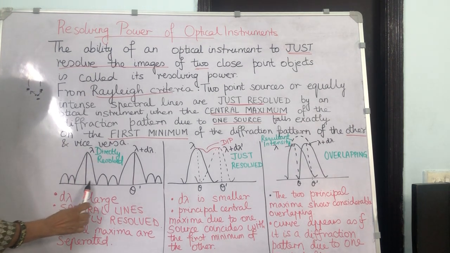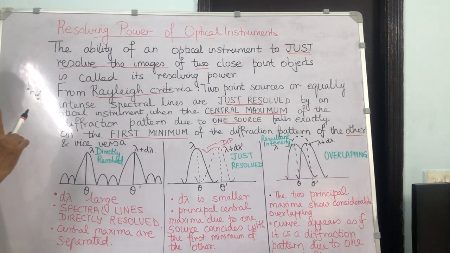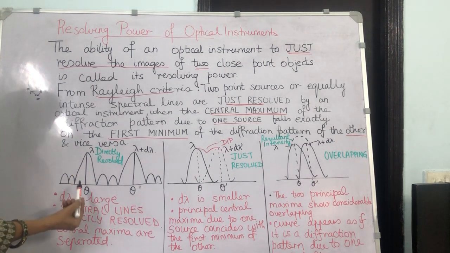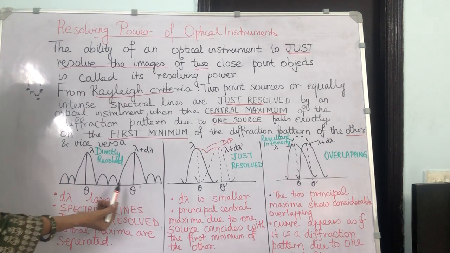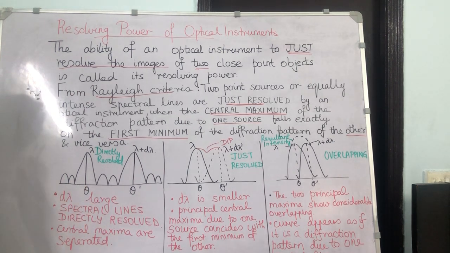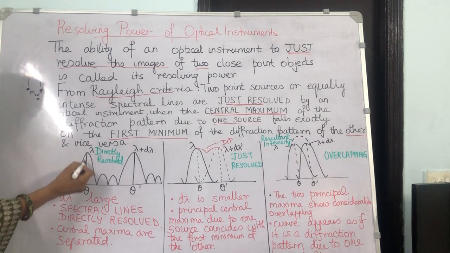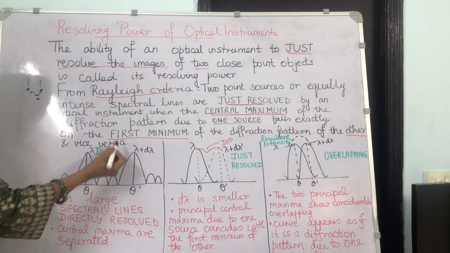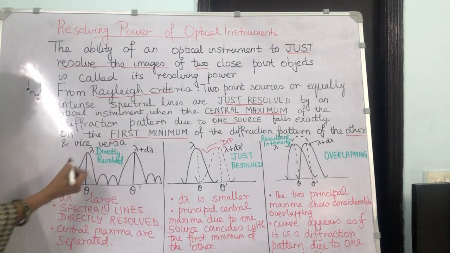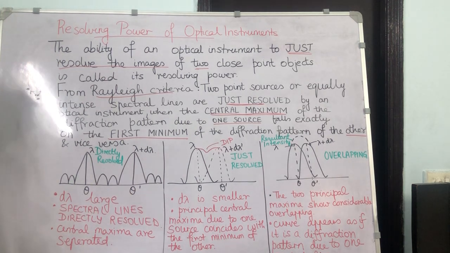Two point sources or equally intense spectral lines are just resolved by an optical instrument when the central maximum of the diffraction pattern due to one source falls exactly on the first minimum of the diffraction pattern of the other.